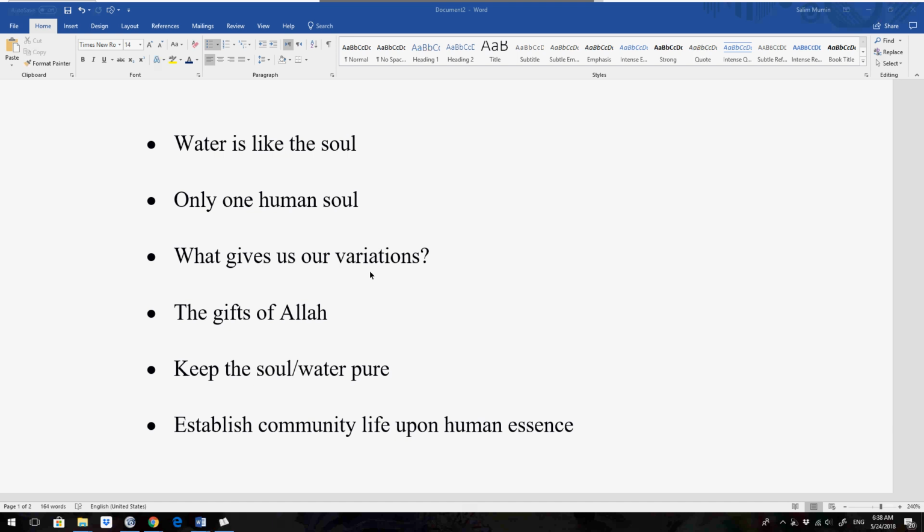This is a phrase that Allah gives us in the Qur'an, that He created the Qur'an. He made it in Arabic, in order that we use our intellect.